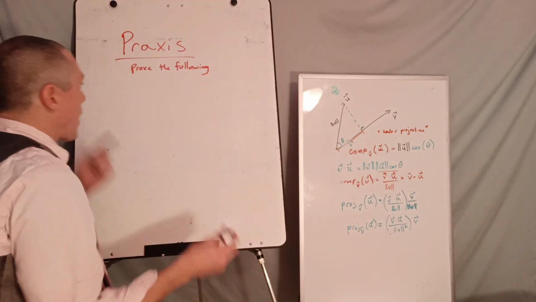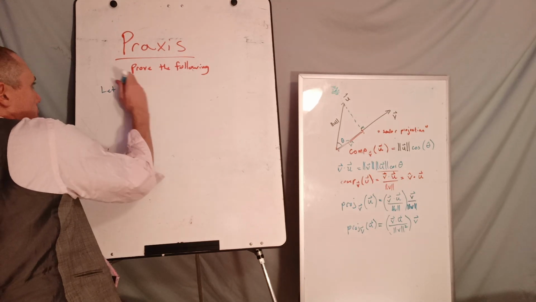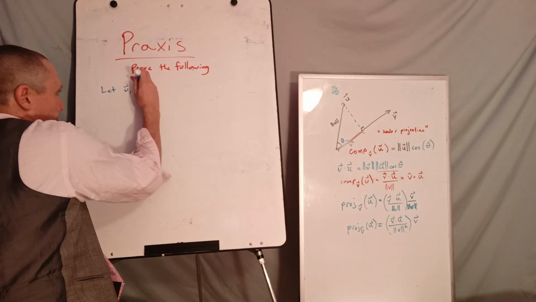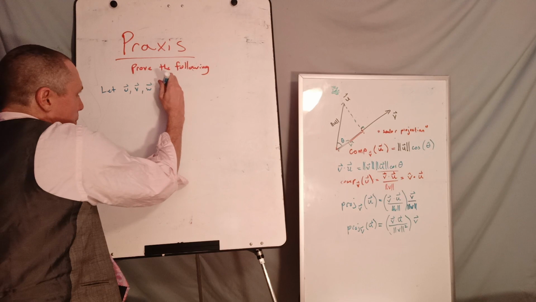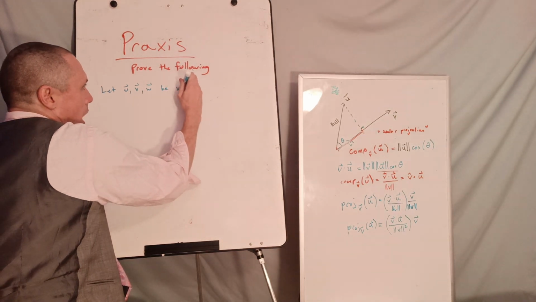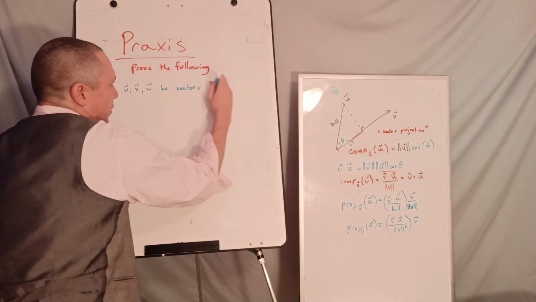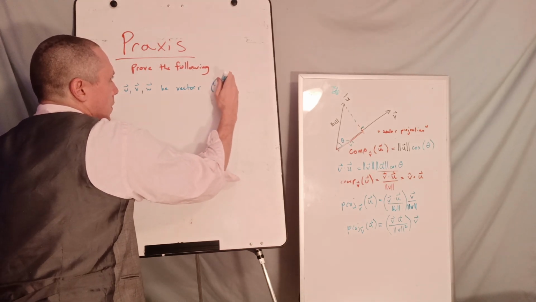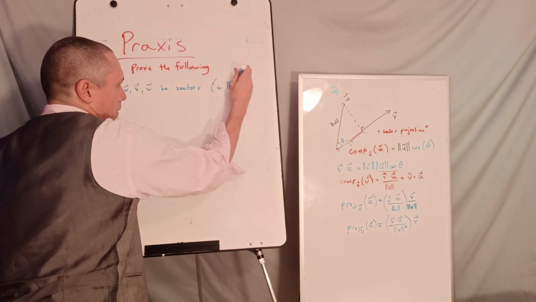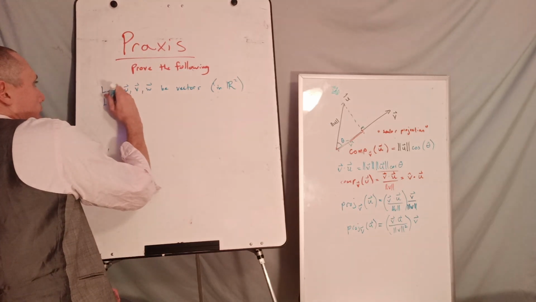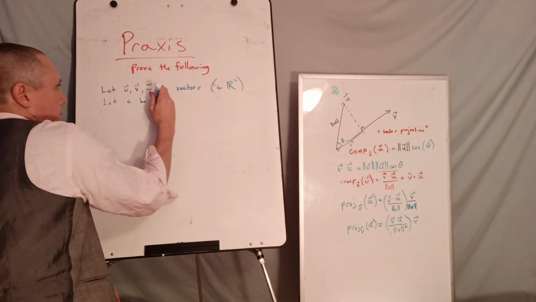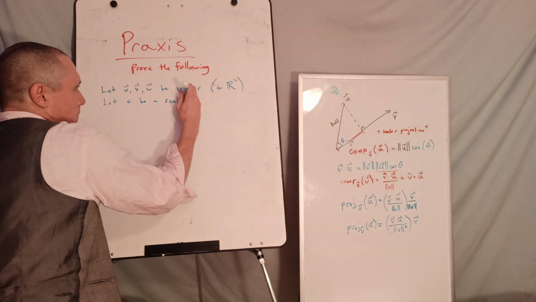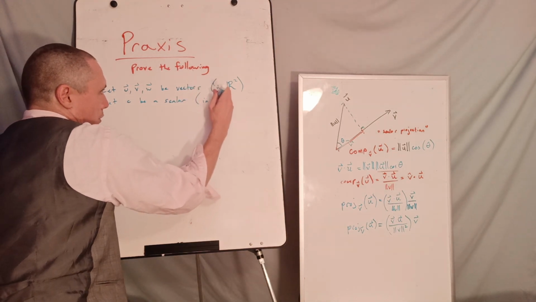These are useful properties. Let u, v, and w be vectors. And you can think about them as vectors in R2. And let c be a scalar, a real valued number.